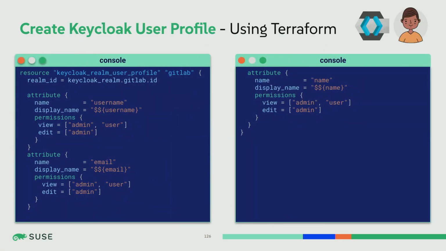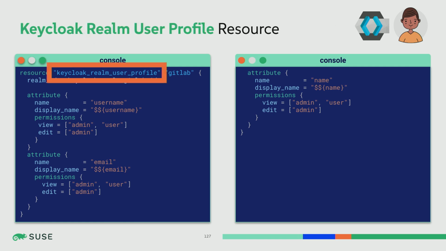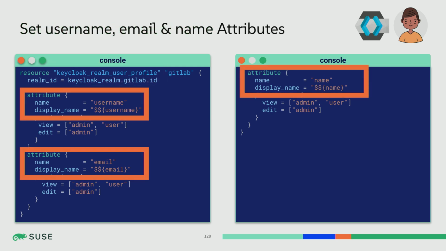First, we have to map the user from GitLab to Keycloak. So we create a user profile in the GitLab realm that maps the properties username and email, to map the database from GitLab to Keycloak.